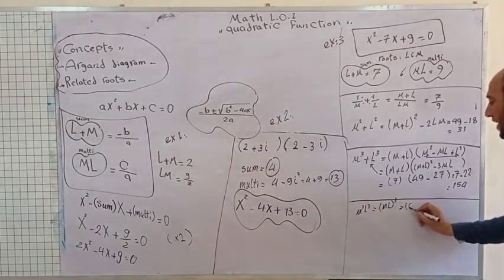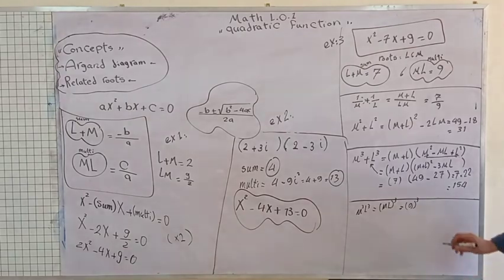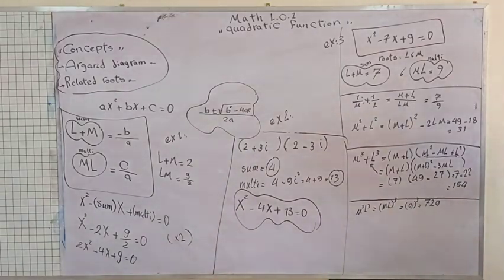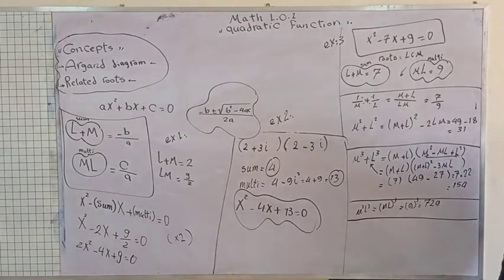Then it will be 9 all cube, which equals 729.